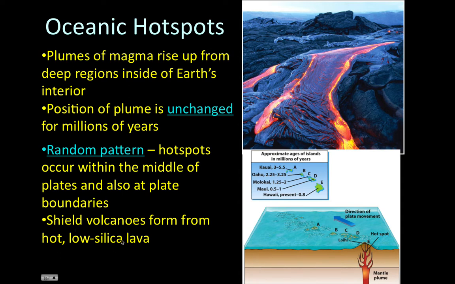So the type of lava that will develop typically is very low in silica and very rich in the ferromagnesian minerals. And so since the lava does not have a lot of silica in it, you typically get these very gentle, non-explosive volcanic eruptions of liquid lava.